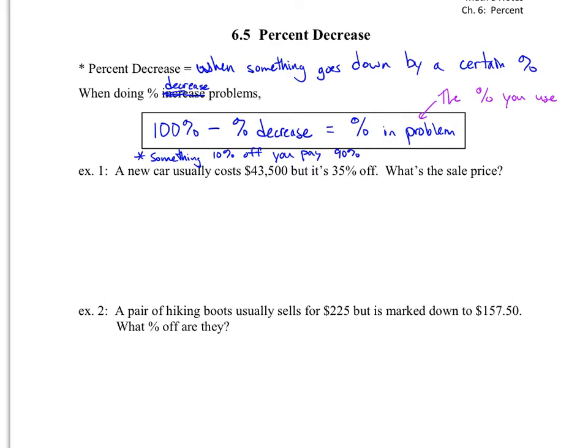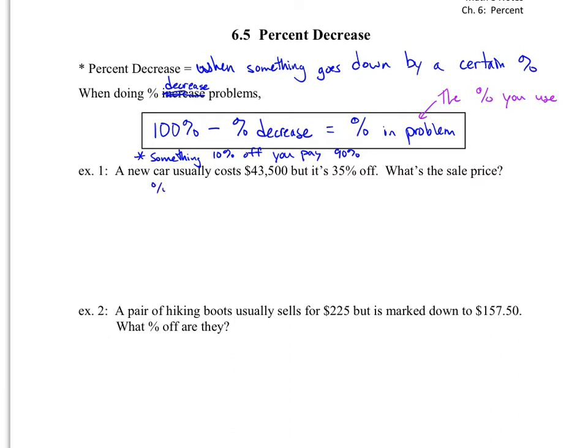Okay. So, first example here. A new car usually costs $43,500. But it's now going to be 35% off. What is the sale price? Okay. So, proportions. It's a good idea to always write this every time you start a problem.